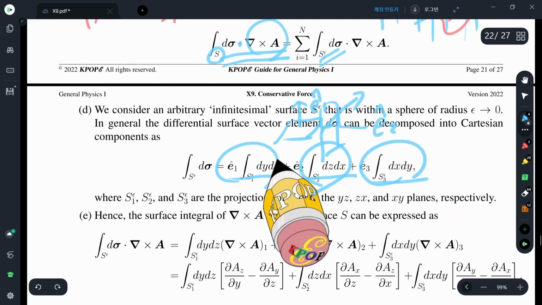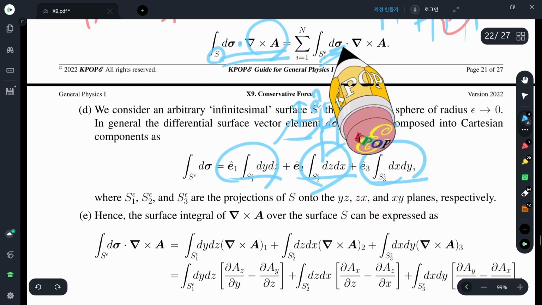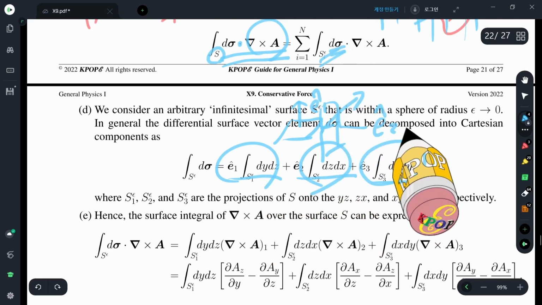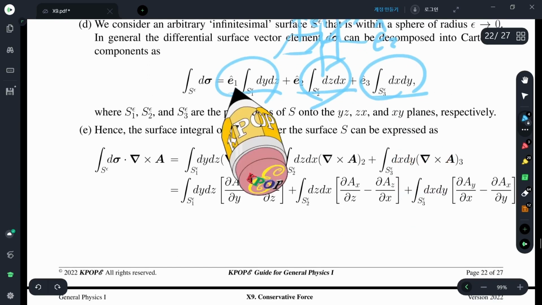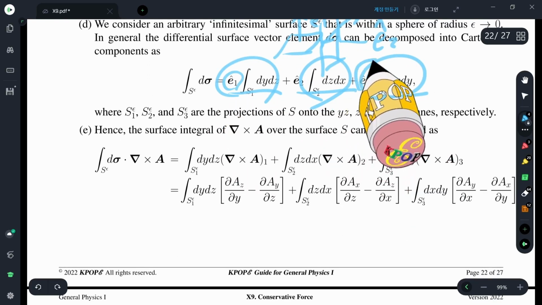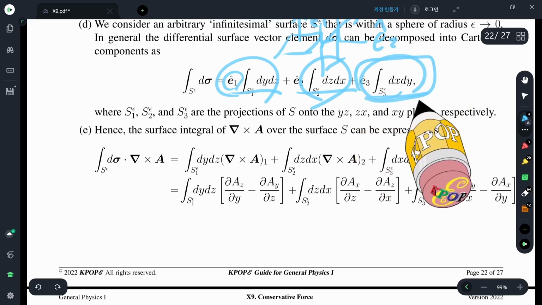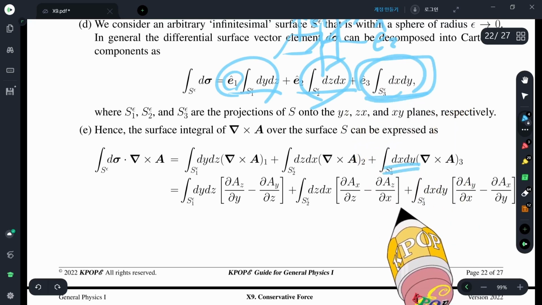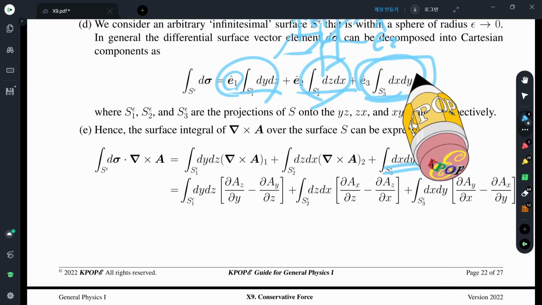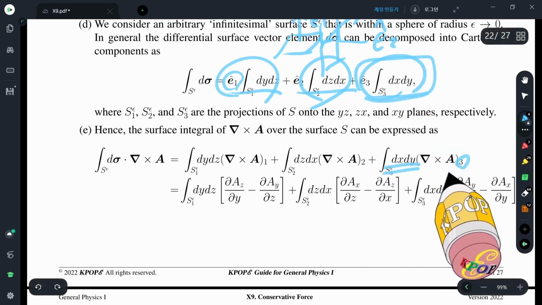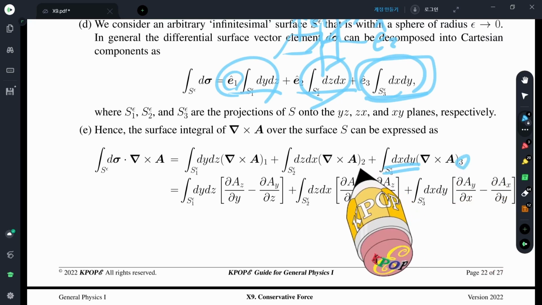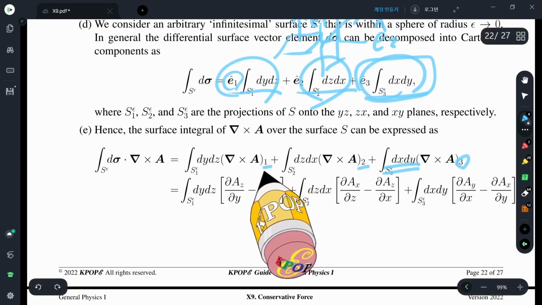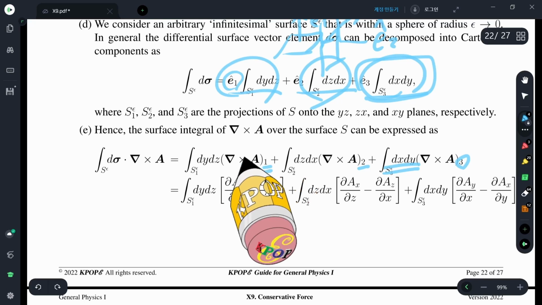If we substitute this into the integral, this is proportional to E1 and this is proportional to E3, and that is coupled to the curl of the third component. In a similar manner, the E2 component and the E1 component can be added together.